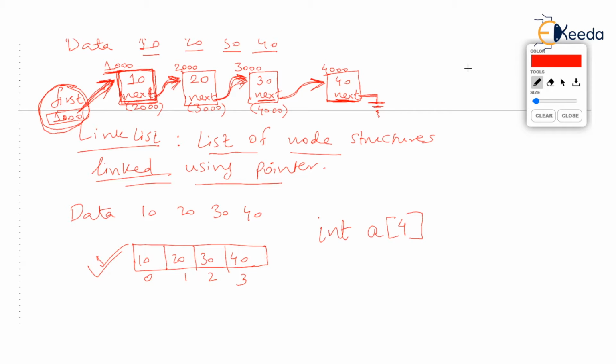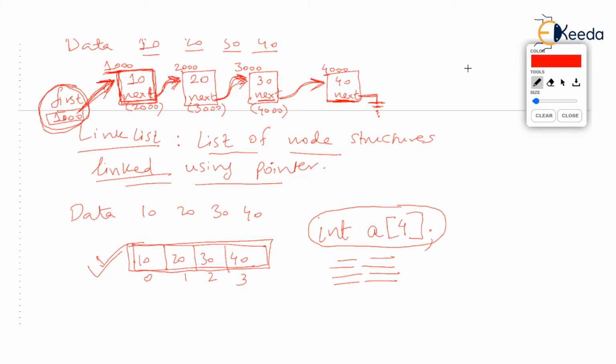Now just imagine in your program you have declared an array of size 4. Okay, then you have got an array of size 4 as I am redrawing it. That is, locations 0 to 3, you have an array of size 4, and you use it in your program, you store the values in the array. But suddenly you realize that you want to store one more value in this array, but one more value cannot be stored.